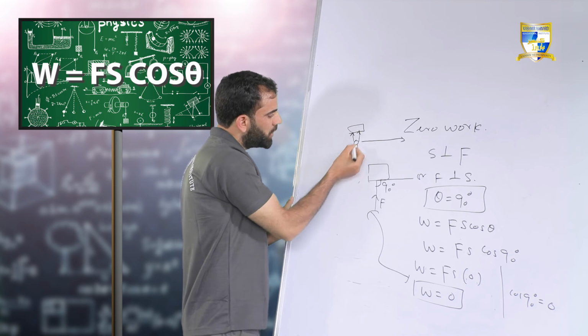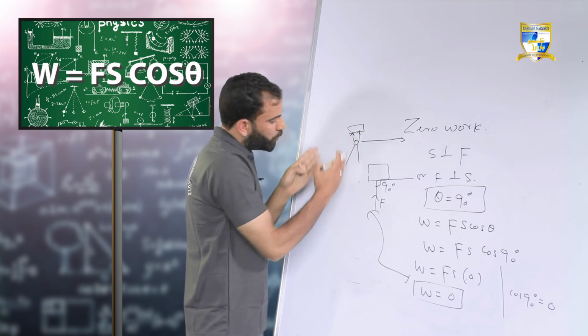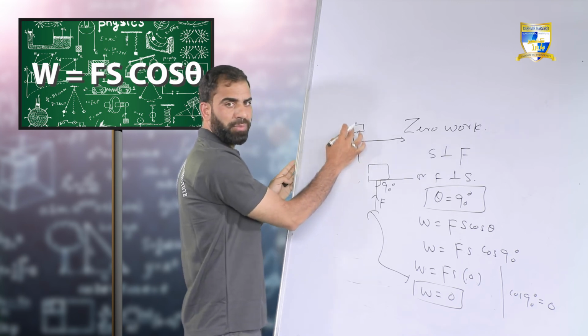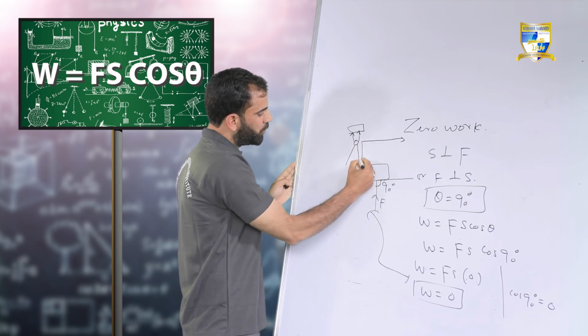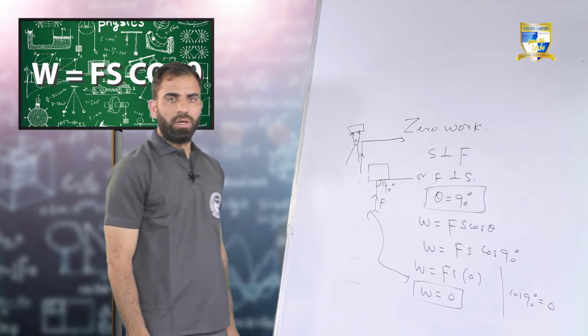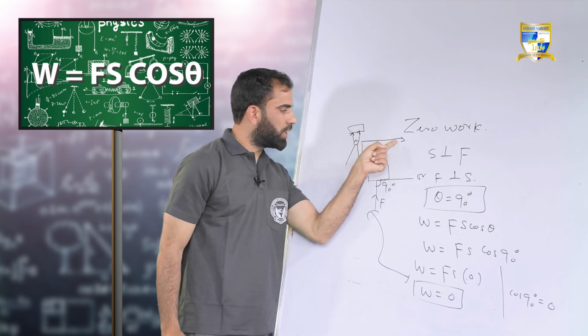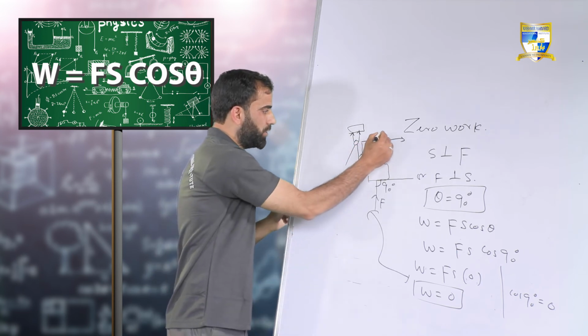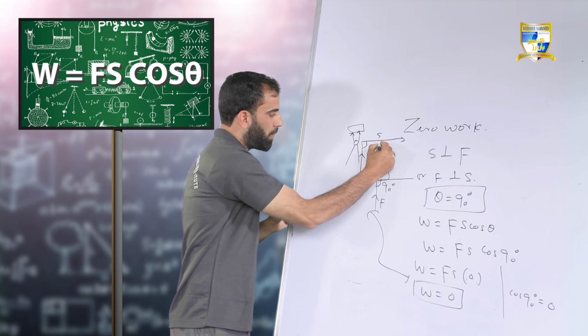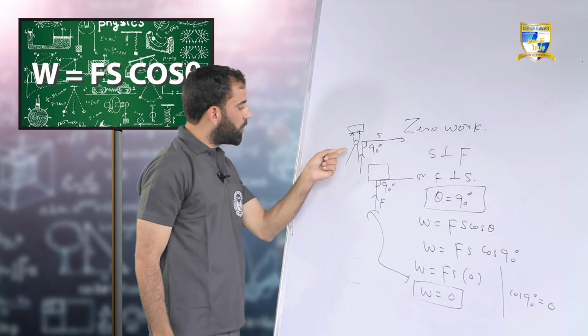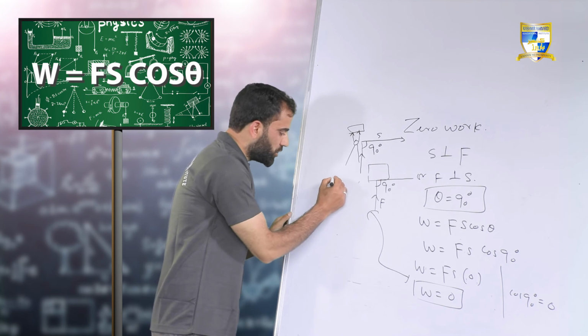So actually he is applying force in the upward direction with the help of his hands. So force is acting in the upward direction like this, and the coolie is moving in the horizontal direction. So what is the angle created here? It is 90 degrees. So what is the work done here? He has done 0 work.